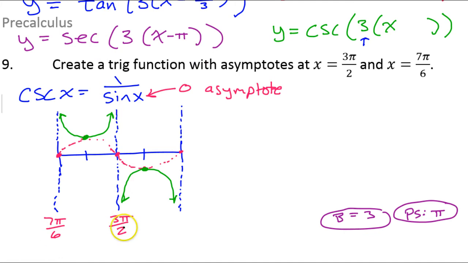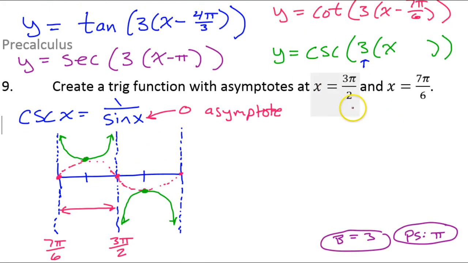Now, I think if I pick it this way, this is the same as what I did for the secant function when I only used the space between the asymptotes that were only half of a period. So I think the b value will be 3, but let me just go through it again. At the beginning of the video, we found that these two numbers are pi over 3 apart.